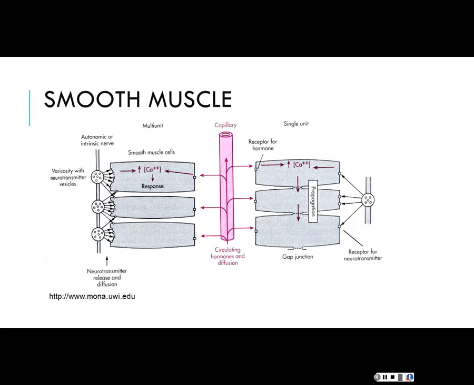The multi-unit cells are more dependent on the nervous system. Which one is more dependent? The tissue type that is more dependent on the nervous system is the one that has more receptors and varicosities, which would be which? Multi-unit smooth muscle cells.